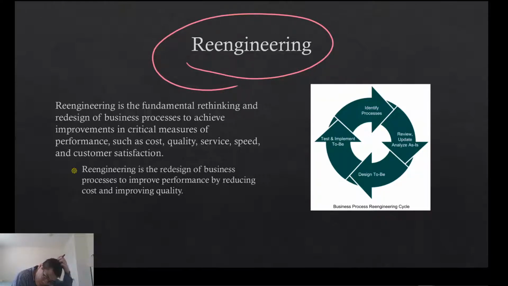Re-engineering basically means we are redesigning the operating process in the company, and it doesn't really happen very often. Once you set up your business model, you keep it consistent, right? You don't change your business model from day 1 to day 2 and then change it constantly every other day, right? It doesn't make sense.